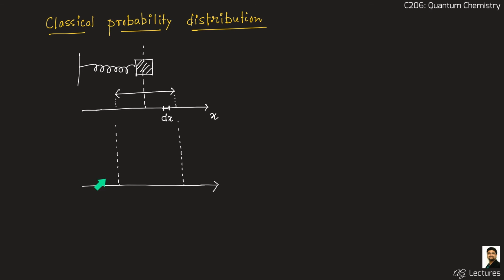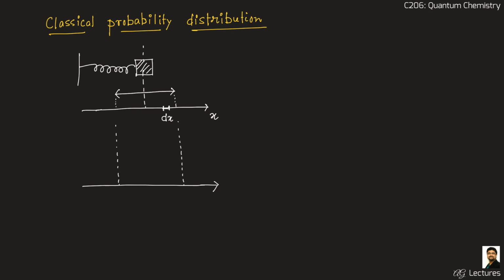In a classically forbidden region, a classical oscillator will never go, and the velocity is maximum here, so the probability of finding the particle here is minimum, and it goes up slowly as it reaches towards this edge, and as it stops there, v becomes exactly 0 at this particular position. And if it is inversely proportional to v, then the probability at this particular position and at this particular position, the two ends of its journey, becomes infinite. So the probability becomes this as a function of x.